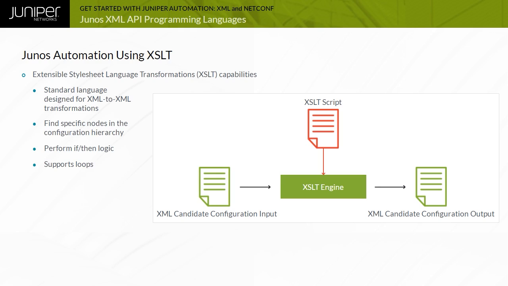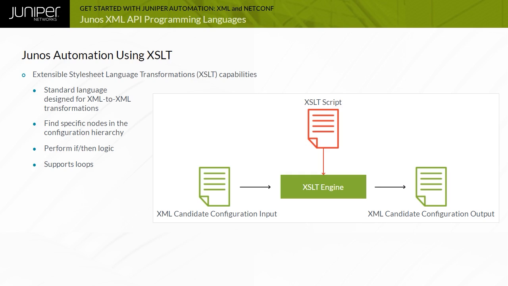The script identifies interesting portions of the XML document, how it should be inspected, and what XML output should be generated. Because XSLT was created to permit generic XML to XML transformations, it is a natural choice for both inspecting Junos configuration syntax and for generating errors and warnings.